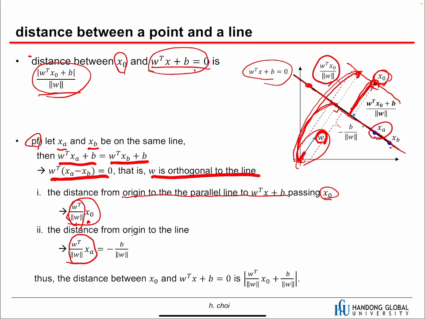So with this equation, this one is actually this one. Okay. Then the distance between x naught and this line is this one minus this one. So this is what we have. This is exactly the same as this one. Okay, so now we can calculate the distance between a point and a line.